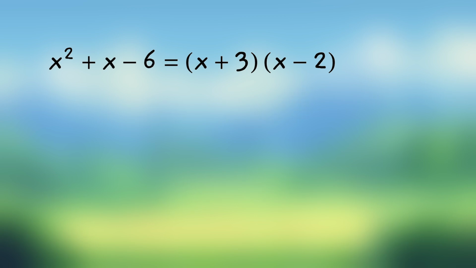So if you think of the degree as kind of like the size of a polynomial in some way, what we've done is we've taken x squared plus x minus 6 and written it as the product of two, quote, smaller polynomials. So we factored it in a way. So that's interesting. You can take a polynomial and factor it just like you can factor integers. But what's the point? Actually, we'll get to the point in a second.